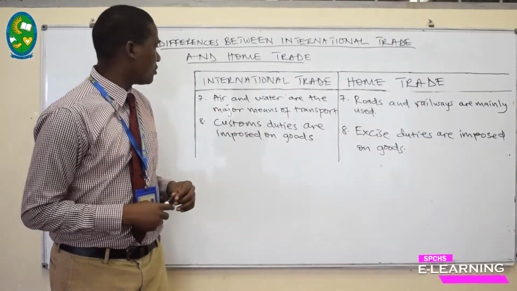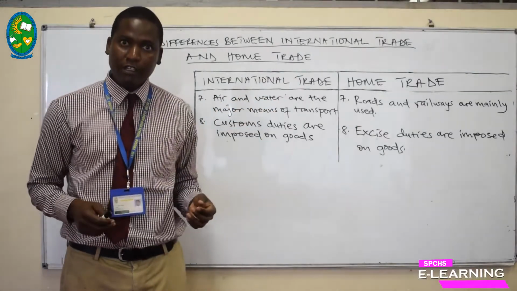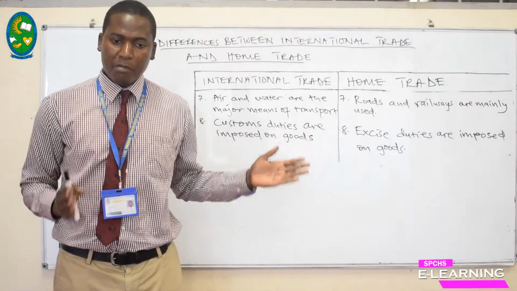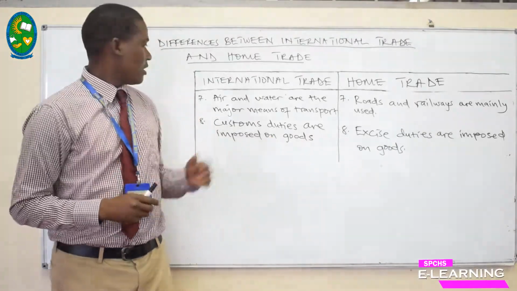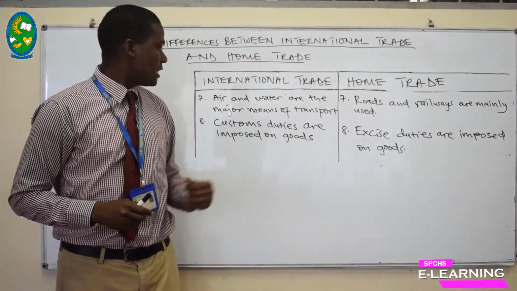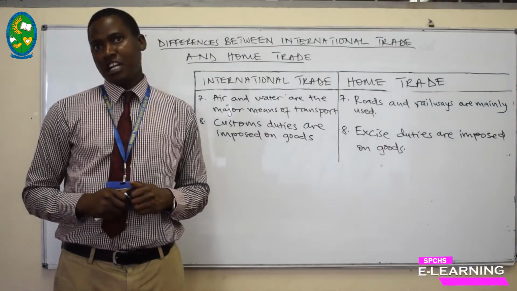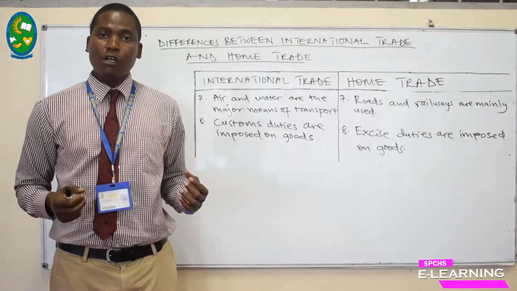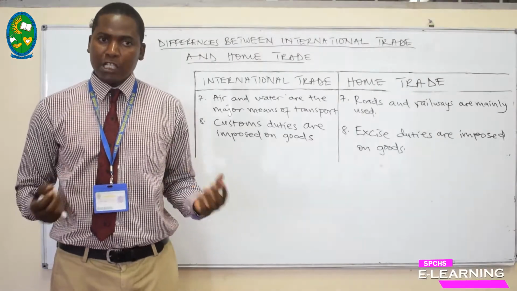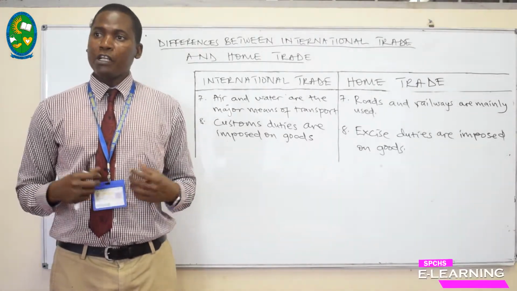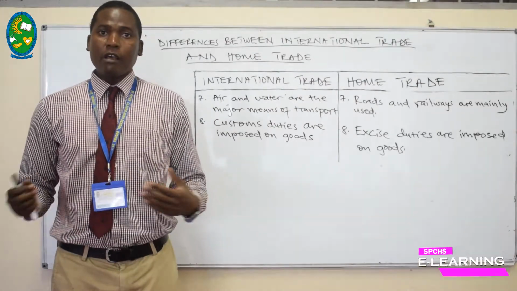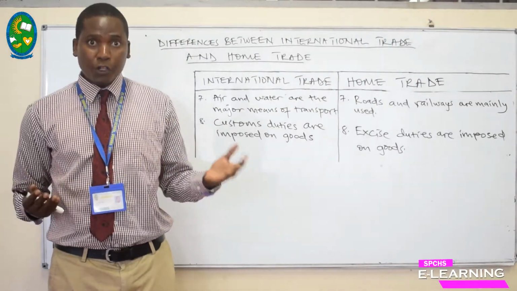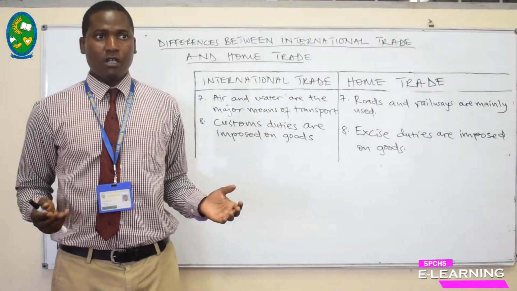The next difference between international trade and home trade is the means of transport. Air and water are the major means of transport in international trade. For example, a trader wishing to buy goods from Guangzhou in China will need to either use air transport or water transport.